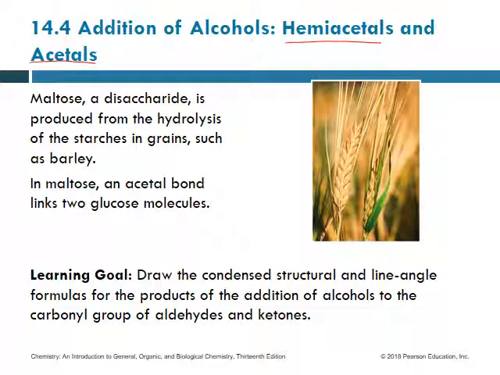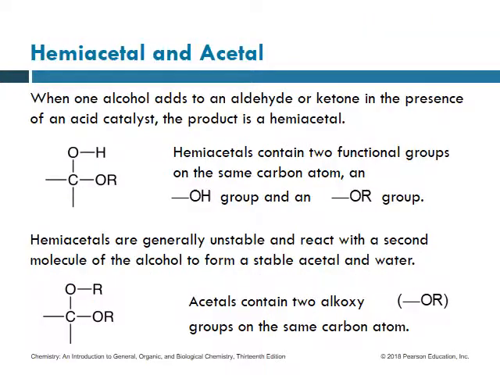They exist very commonly in sugars. So what is a hemiacetal group? A hemiacetal group is formed when one carbon consists of two functional groups. It contains an OH group and an OR group on the same carbon. Okay, so it has to have an OH group and an OR group on the same carbon. That is called a hemiacetal.